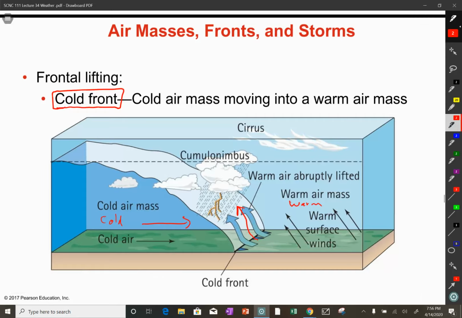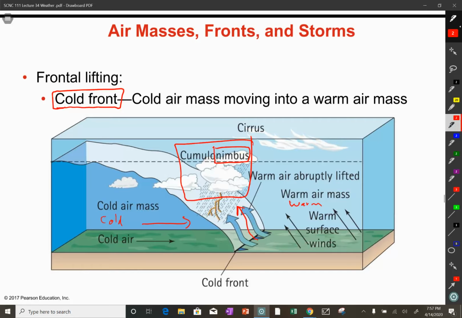But of course, as that warm air rises, then its temperature drops. And as the temperature drops, it is going to then form water vapor. And this is how you form cumulonimbus clouds. Remember, nimbus means you're going to have rain from it. Cumulo means clumpy. So those cumulonimbus clouds are formed when you have a cold air mass rushing into a warm air mass. So that's a cold front.